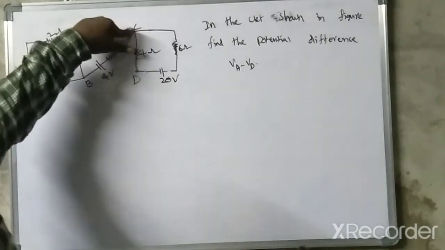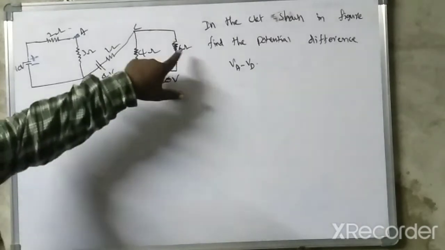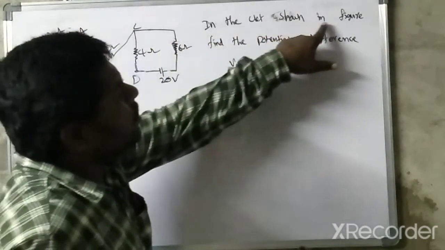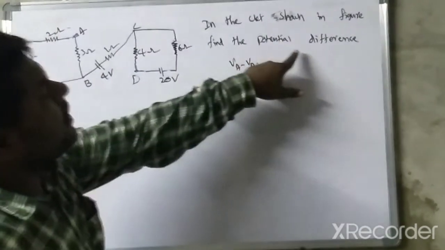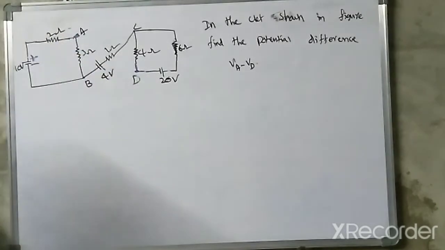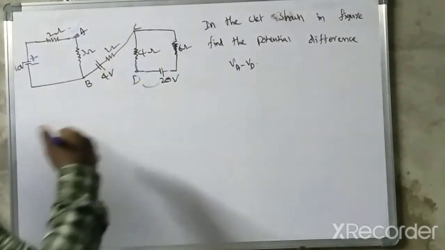Here the potential C, here the potential D, here 20 volt, here 6 ohms. So in the circuit shown in the figure, find the potential difference VA minus VD.